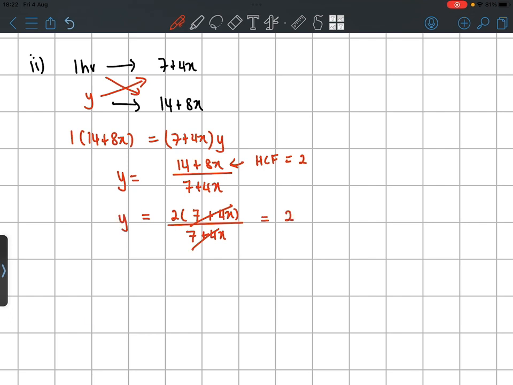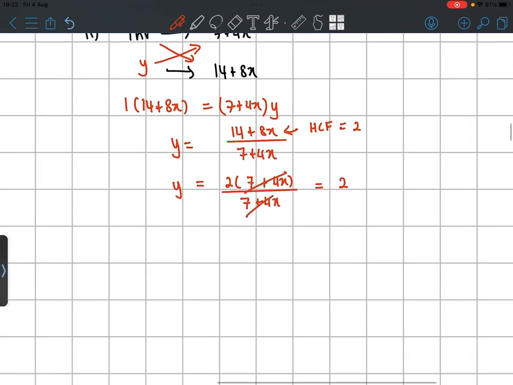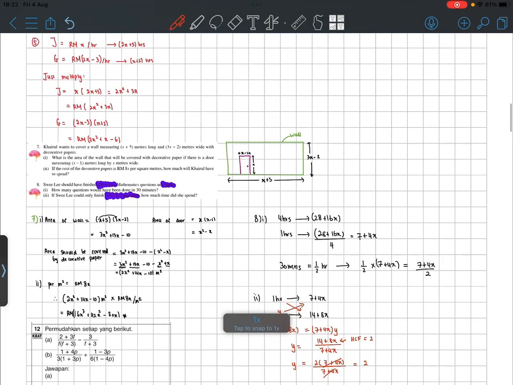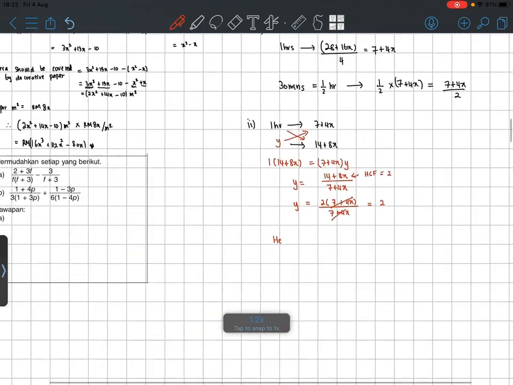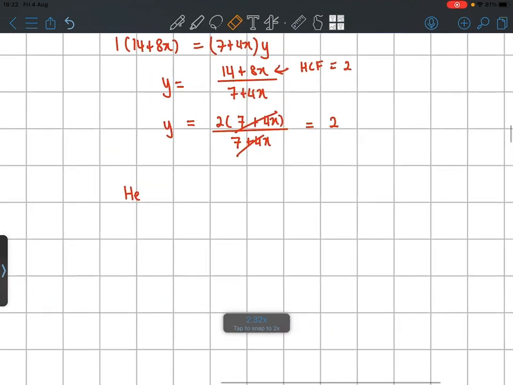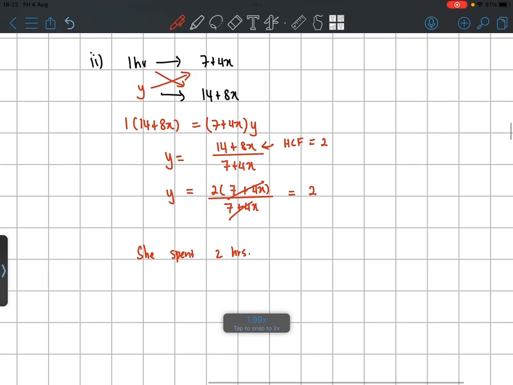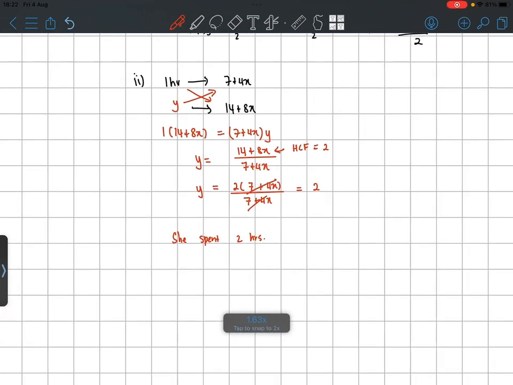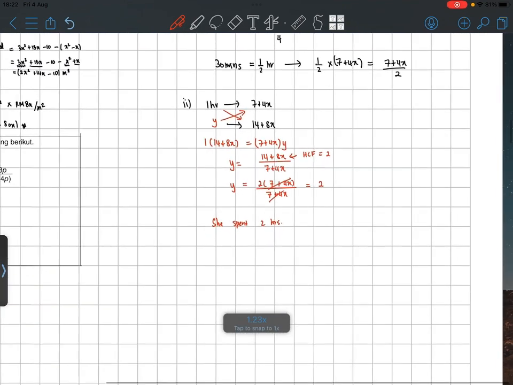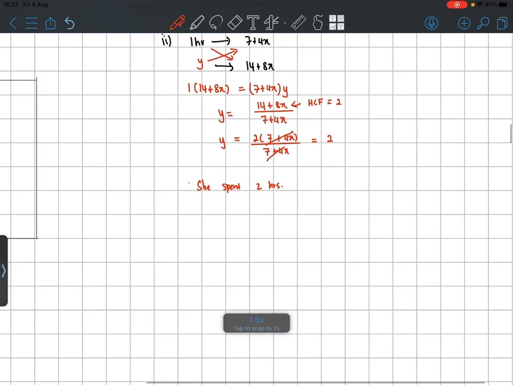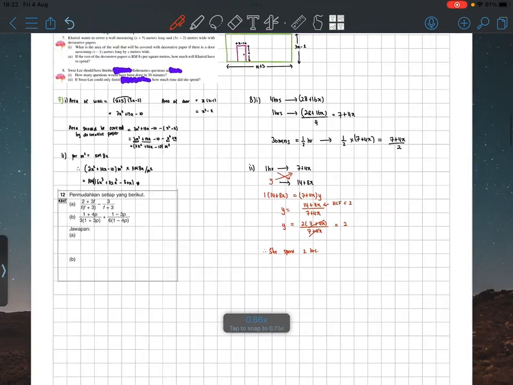We are left with y equals 2, which means she spent 2 hours to solve as many as 14 plus 8x questions. It's very simple.